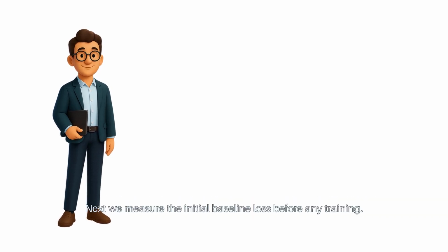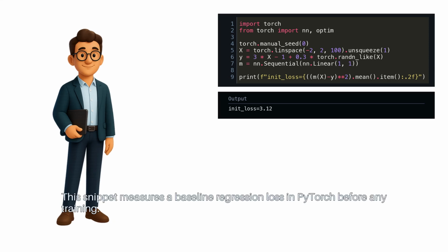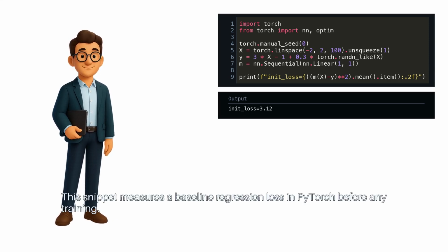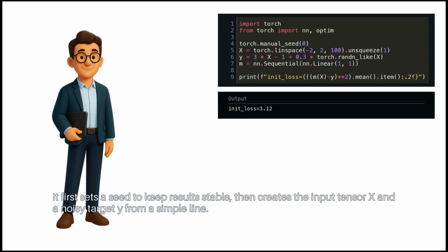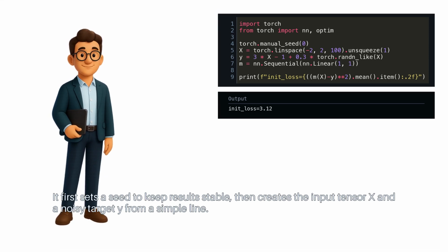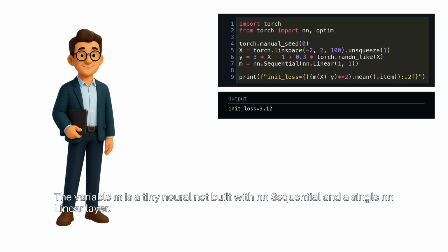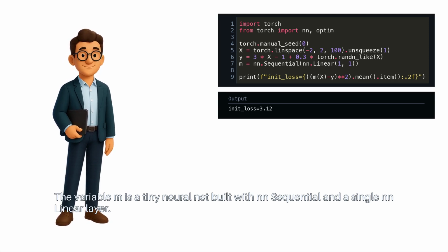Next, we measure the initial baseline loss before any training. This snippet measures a baseline regression loss in PyTorch before any training. It first sets a seed to keep results stable, then creates the input tensor X and a noisy target Y from a simple line. The variable m is a tiny neural net built with nn.Sequential and a single nn.Linear layer.